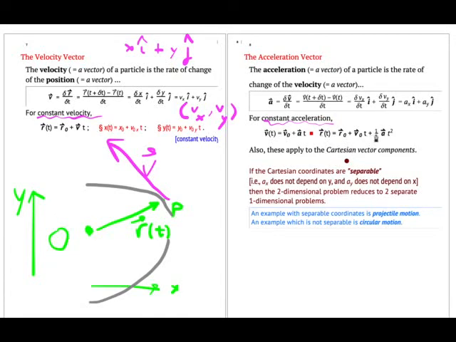We have constant acceleration in the x direction and constant acceleration in the y direction. Or more generally, if the acceleration in the x direction does not depend on y, and the acceleration in the y direction does not depend on x, which would be true for constant acceleration, we could separate the x-coordinate motion and the y-coordinate motion. So instead of solving a two-dimensional problem, we would solve two one-dimensional problems and then sew them together.